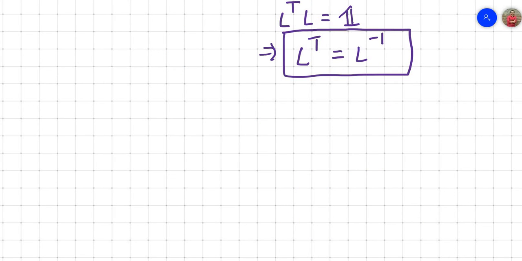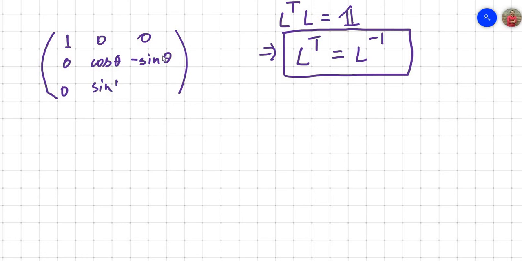Now at this stage, let us verify whether this statement is true. For example, if we have a three-dimensional vector rotating with respect to the x-axis, then the rotation matrix would be 1, and cosine theta, sine theta with negative sign, and sine theta, cosine theta.